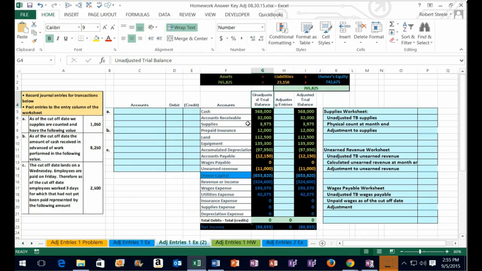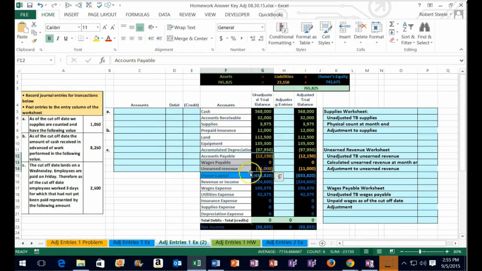Our goal is to make the financial statements correct as of that time period, because as of the end of the month or year, that's when we will create the financial statements. And so as of that time frame, we want everything to be perfectly on an accrual basis as much as possible so that it could then be used to create the financial statements. So we have the unadjusted trial balance on this side, and we've got, of course, the assets over here.